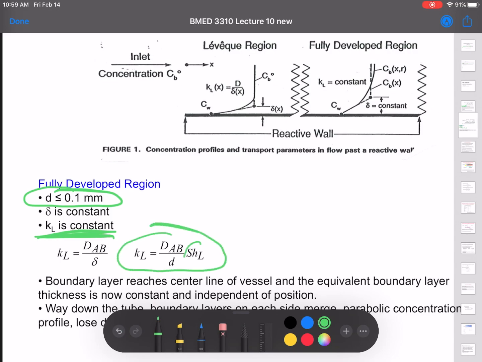Here, what you do is you go to that table that we had in the last lecture, and you can calculate the Sherwood number from the Reynolds number and the Schmidt number.